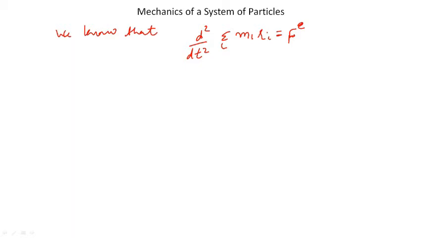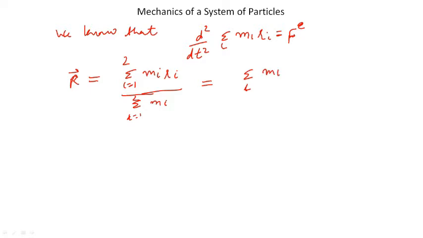So if we use this relation for the two mass system, first we will write that formula: R is equal to sigma i mi ri upon sigma i mi.